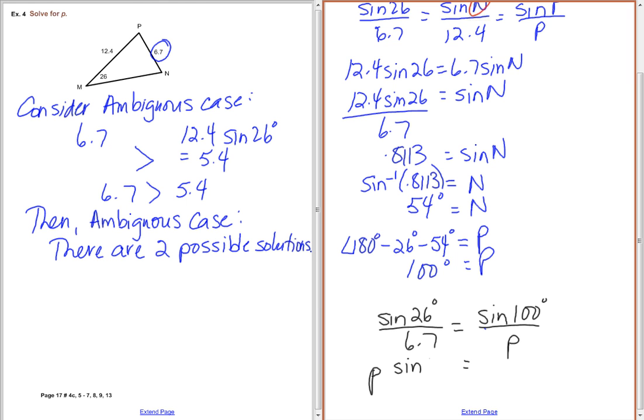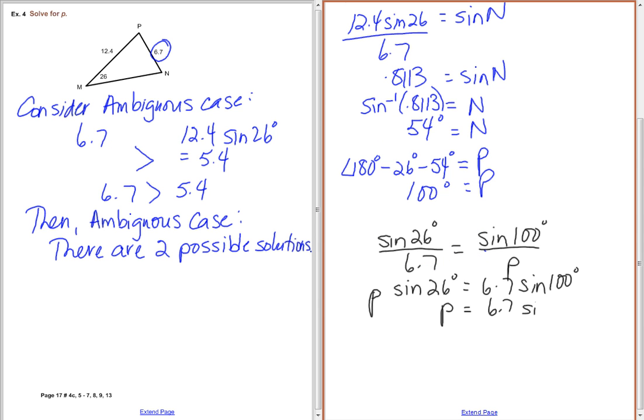I'm going to cross multiply and divide. I'm doing this quickly because it is very tedious. You can't do too many in one day, but you have all the sine skills, you're fine. When I type that in, I get an approximate value of p of 15.1.